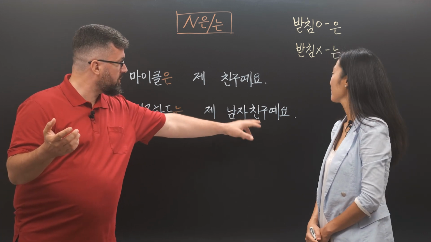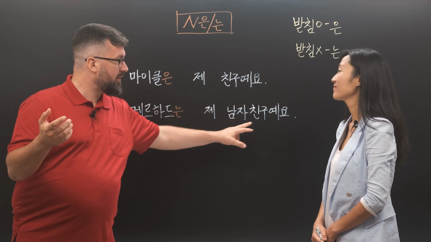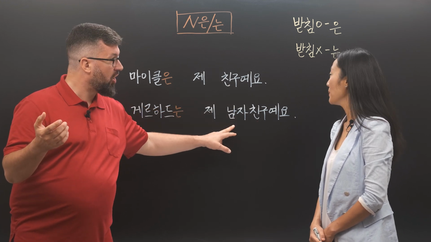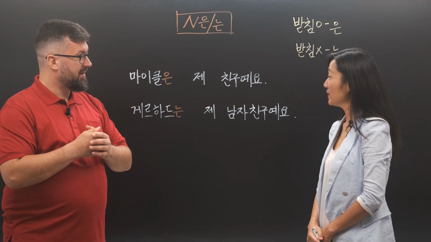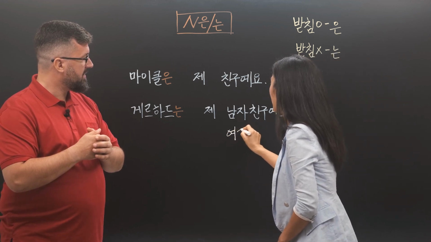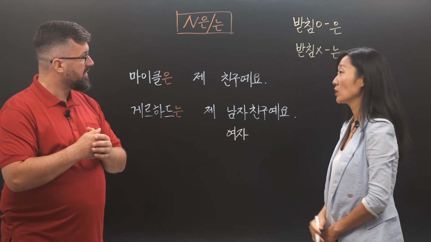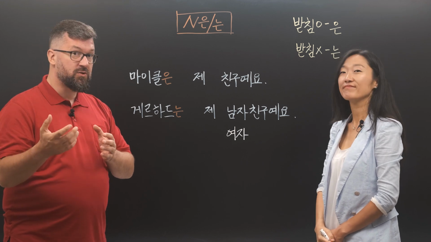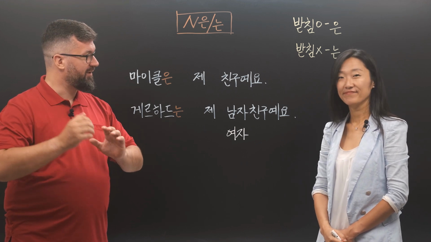So 친구, the word for friend is in boyfriend. What's 남자? Man. Woman? 여자. So 여자친구 girlfriend. 남자친구 boyfriend, 여자친구 girlfriend.